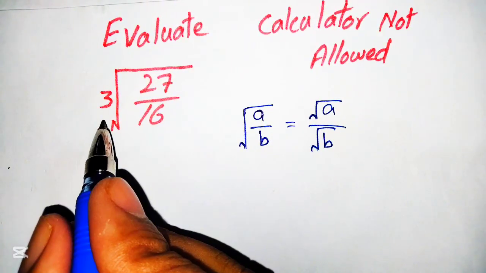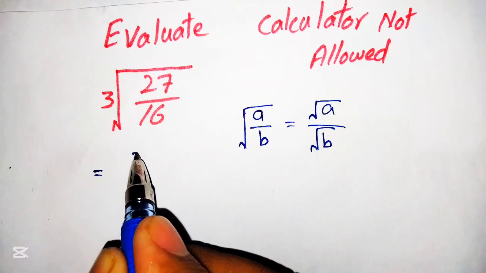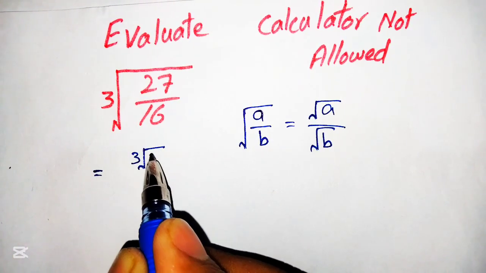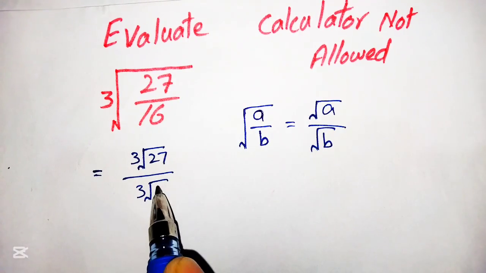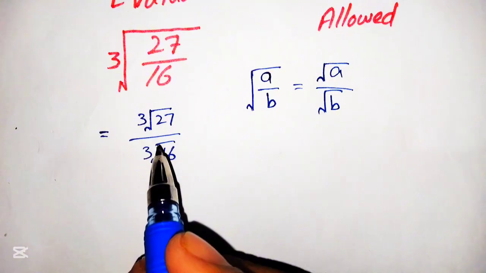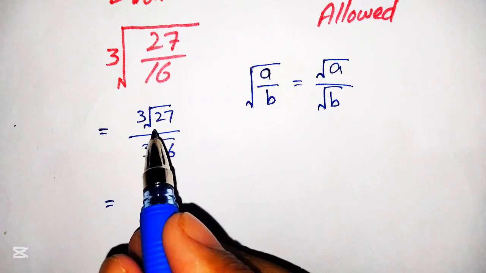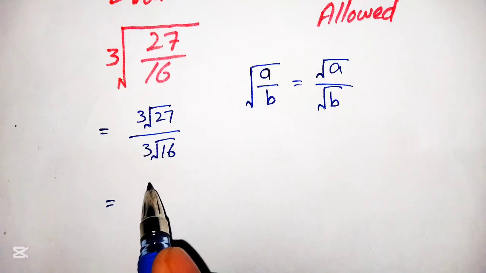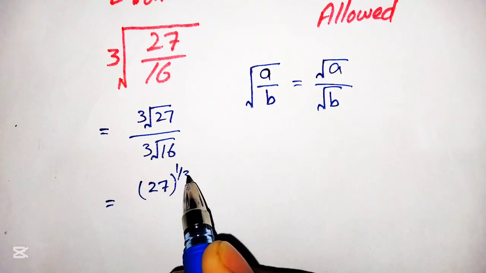Here we have the third root of 27 by 16, so we can write it as the third root of 27 divided by the third root of 16. Now we will evaluate this, and by eliminating the radical form, we will write it as 27 raised to power 1 over 3.